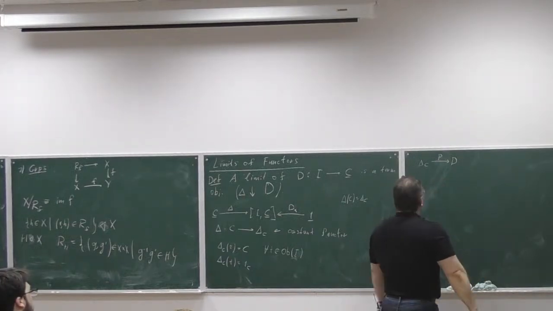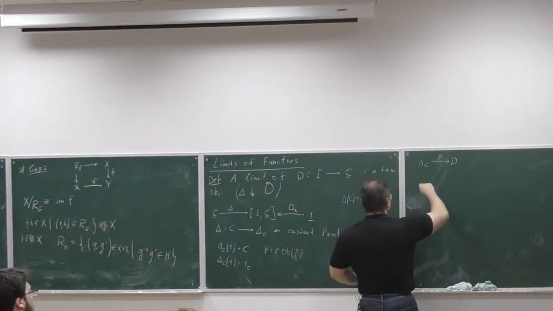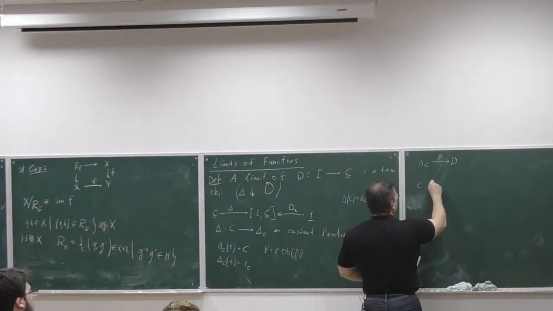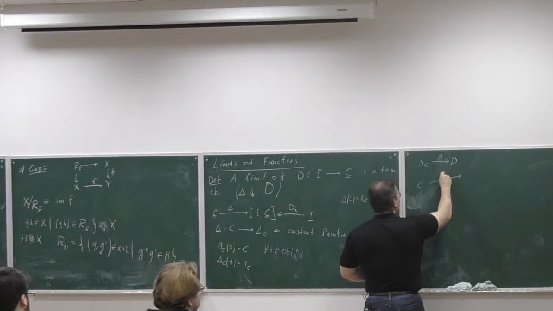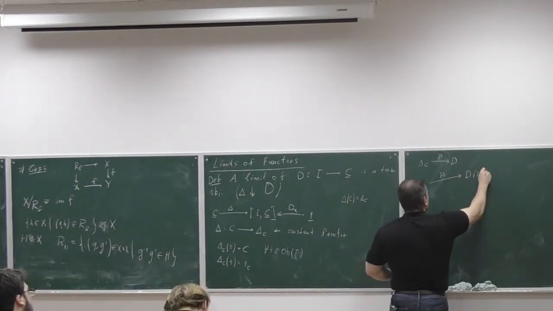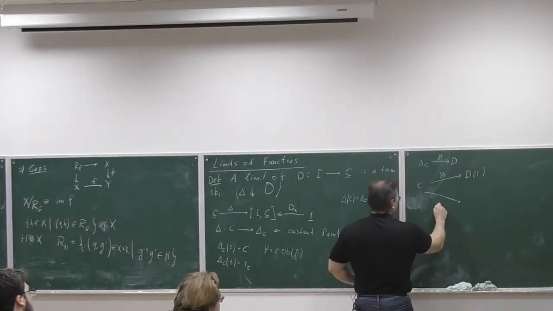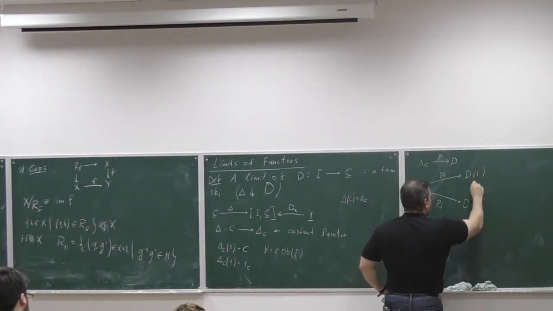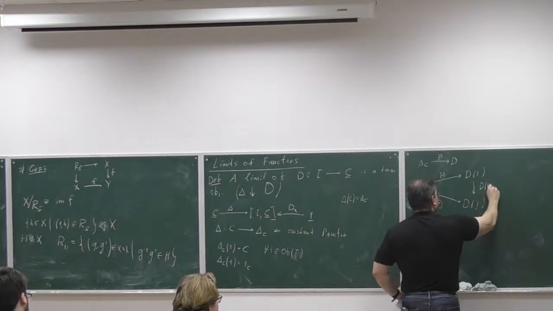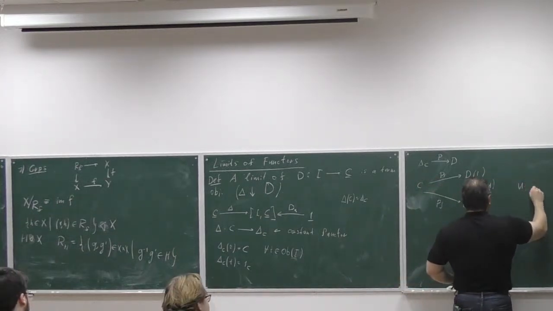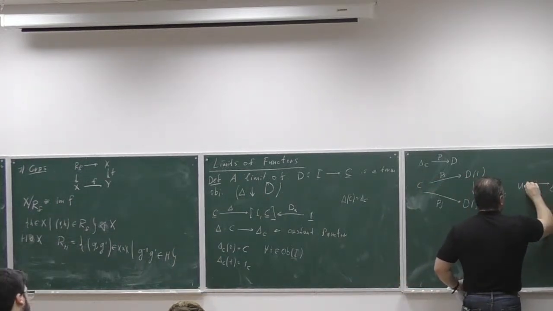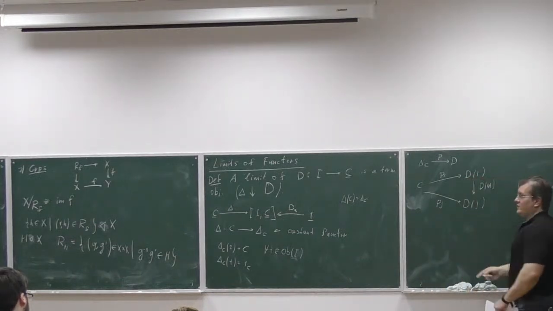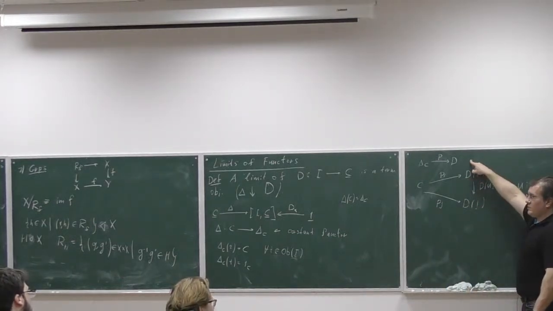Okay, what does it mean in more naive terms? It means that from the object C, I have maps, projections p_i to D(i). And if I have two projections, say, and I have also p_j to D(j), then I have a commutative triangle. And this is for any map u from i to j. I just rewrote what it means to have a natural transformation.